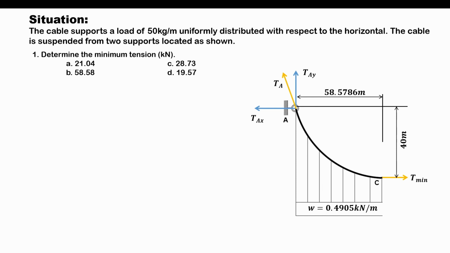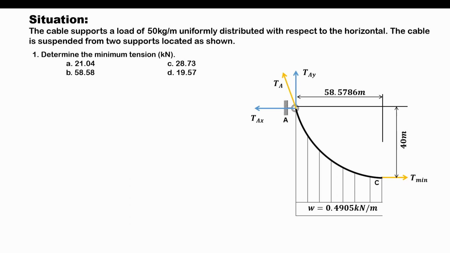So basically, what we want here is to produce an equation that will only involve the variable Tmin, and the other unknowns would be eliminated. And that can be achieved when we take moment at A, because if we do that, the unknowns acting at point A will have a zero moment value, and the remaining unknown that has a moment value would be Tmin, and that would be favorable for us.